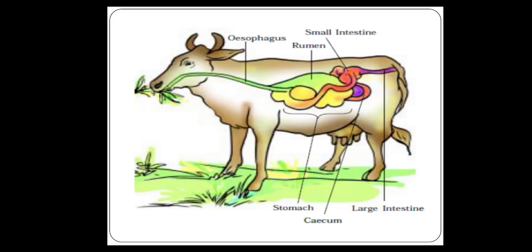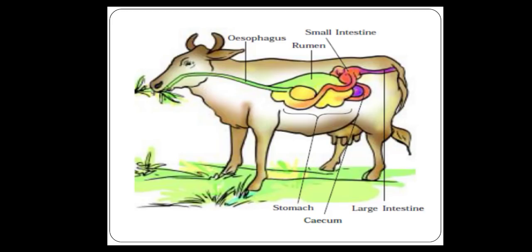In the rumen, the food gets partially digested, and this partially digested food is called cud. C-U-D. It is called cud, and this cud in the form of small lumps comes back to the mouth of these animals, and then these animals chew it properly.